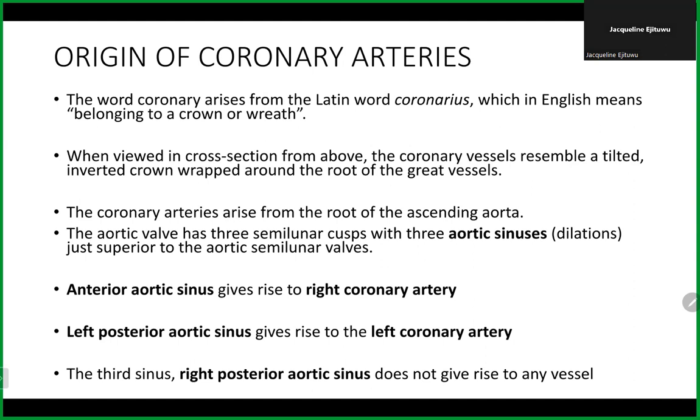We have the left posterior aortic sinus, which gives rise to the left coronary artery. And then the third sinus, the right posterior aortic sinus, which lies just above the posterior aortic cusp or the non-coronary cusp, does not give rise to any vessel under normal circumstances.